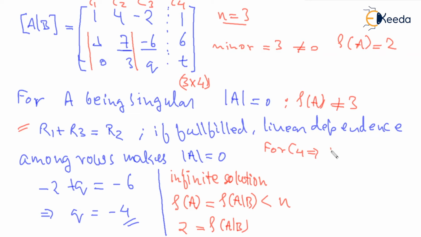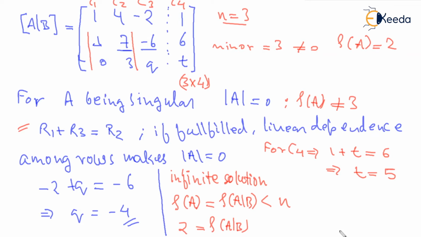We want 1 plus t is equal to 6, with row 1, row 3 and row 2, right? So that makes t equal to 5. So if t is equal to 5, we can say that rank of A augmented B is going to be less than 3 and it will be 2.